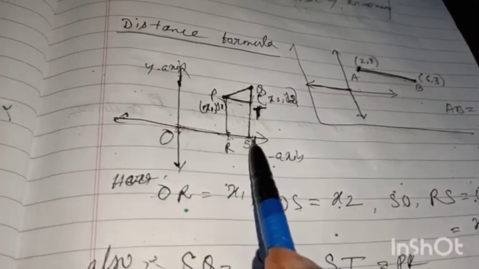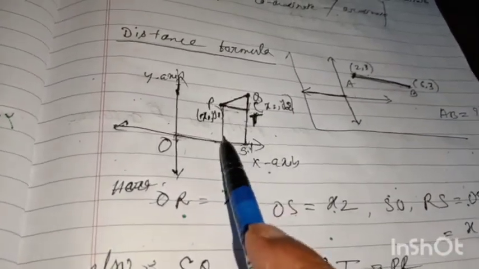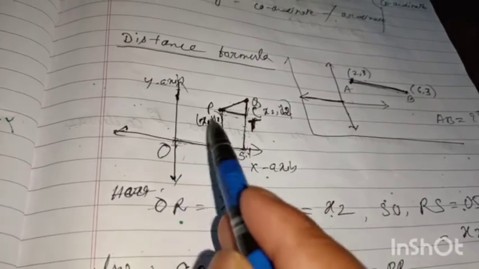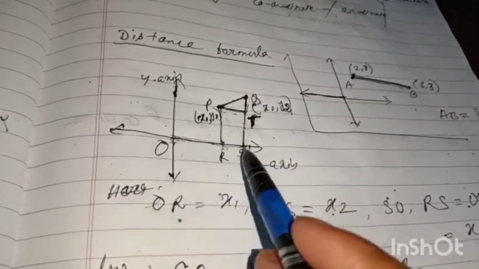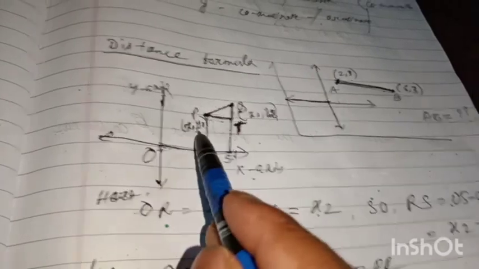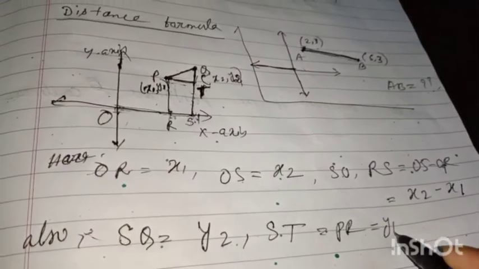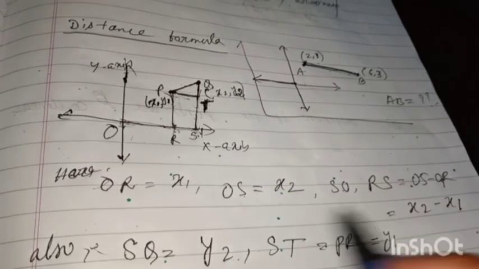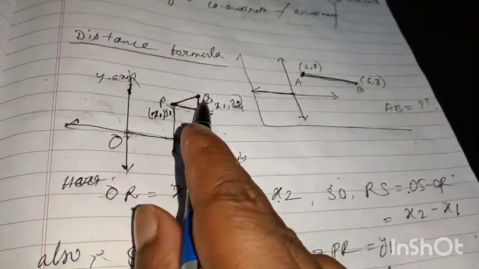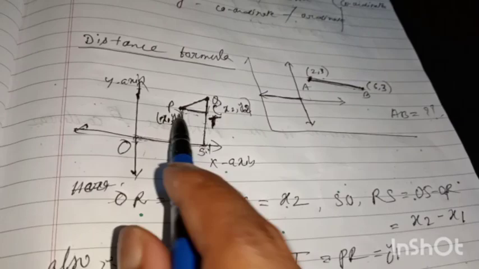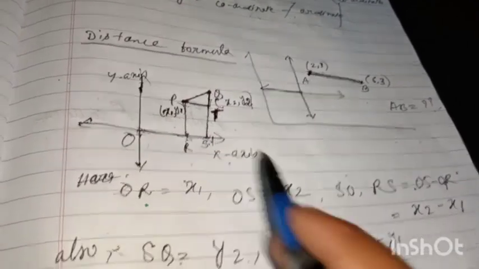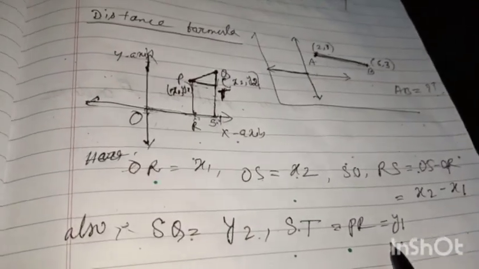See, if ST is equal to PR, then OR is x1 and PR is y1, then ST is also equal to y1. So ST is equal to PR is equal to y1. Understood, no? First I got SQ as y2, then ST is equal to PR. Since PR is y1, ST is also equal to y1.